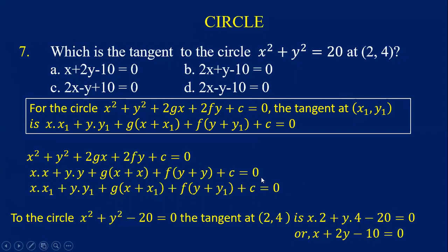So this is how we find the tangent at any point of a circle. So circle is this, and the tangent at 2, 4 is x x1 plus y y1 minus c. Here in this question, xy term is missing. Doesn't matter. So we continue with this. So x into x1 plus y into y1 minus 20 is equal to 0. So this is the equation of tangent at 2, 4 of the circle. So we need to memorize this one.